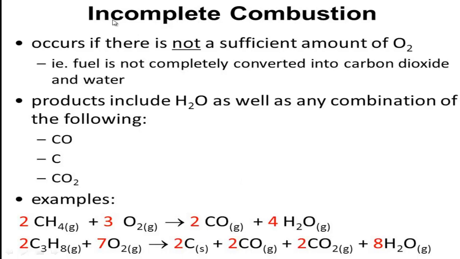Then incomplete combustion has an adverse effect on the environment. Why? Because incomplete combustion produces carbon monoxide, carbon, and also carbon dioxide, but among them carbon monoxide is a very poisonous or toxic substance.